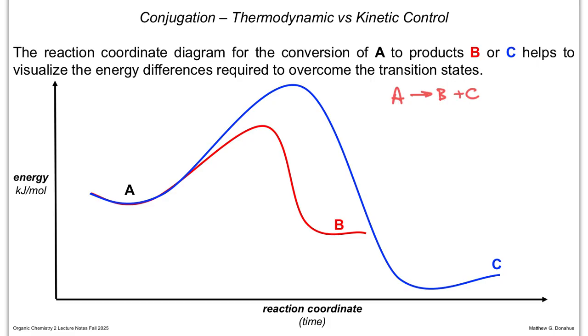And then the simple example that's shown here is it's going to a product B and a product C. So on the x-axis, that's your time coordinate. So once you start adding everything in there, the party starts, the time starts. And then depending upon the heat that's in there, the energy determines which one of these hills the stuff is going to get over.